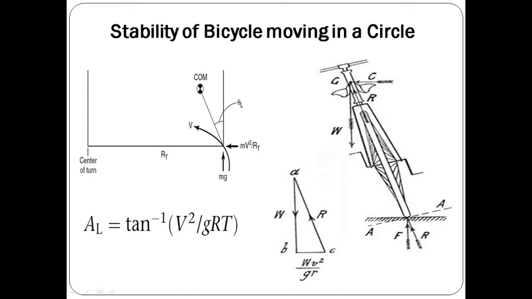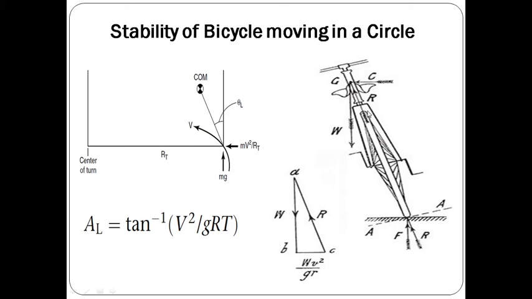We have seen that a body of mass M moving in a circle of radius R with a speed, or velocity, V has a radial acceleration equal to V square by R, and it must be acted on by a radial force, that is W V square by G R, or M V square by R, into G, because gravity is also acting at the particular point.